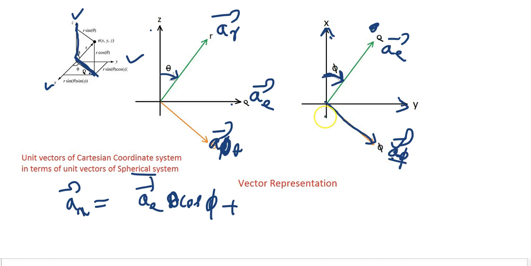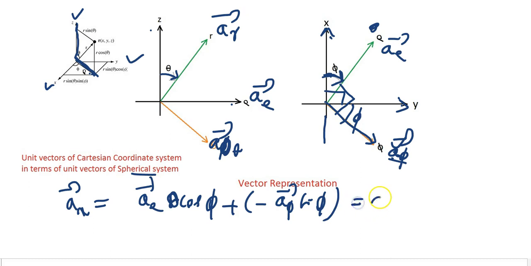Just remember, I have told you this angle is 90, this angle also 90. So this is your phi. So this will be the phi. So this will be the plus minus of this A phi sin phi.